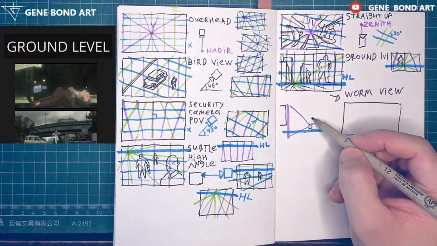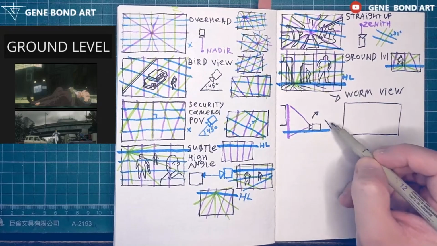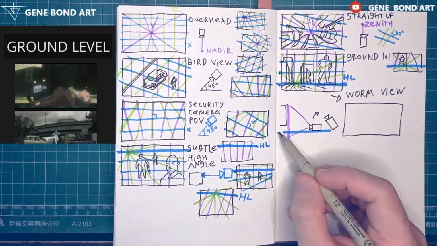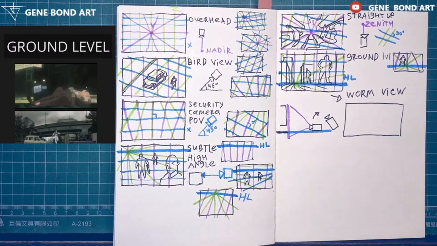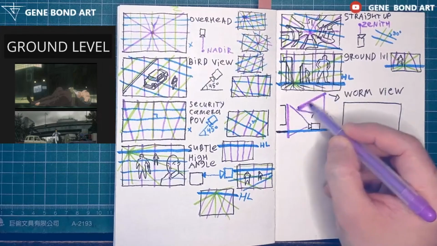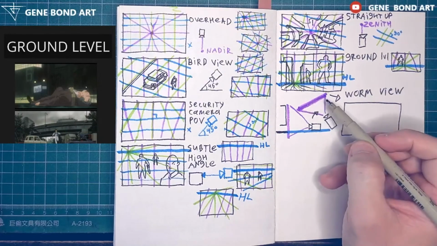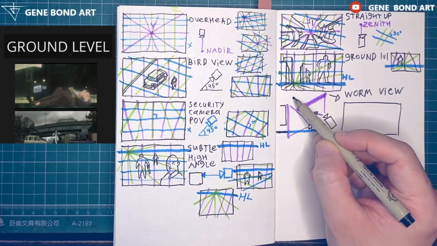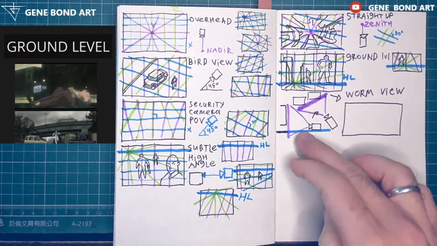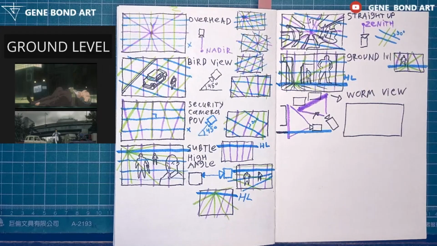Or maybe we move the camera up, so the camera is still on the level of the ground, so the horizon line will still be here, but the camera's field of view will be there, so we can take any area in our frame. So the horizon line is somewhere very far below our frame.